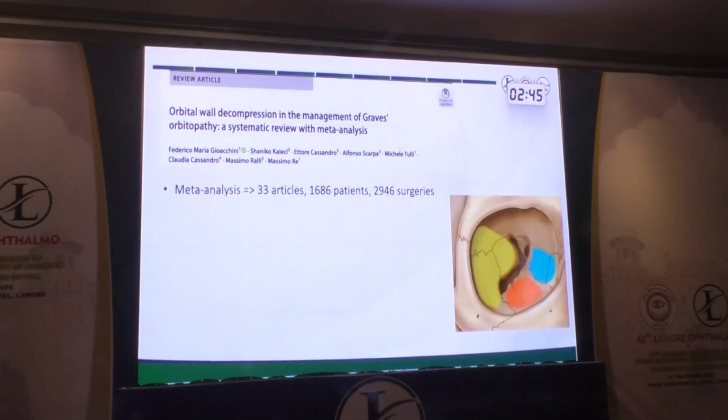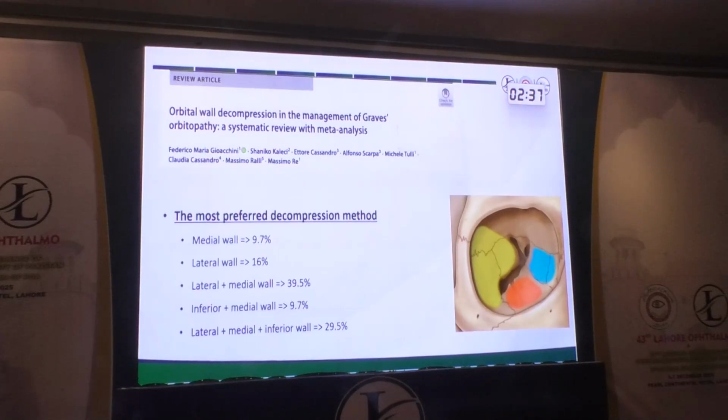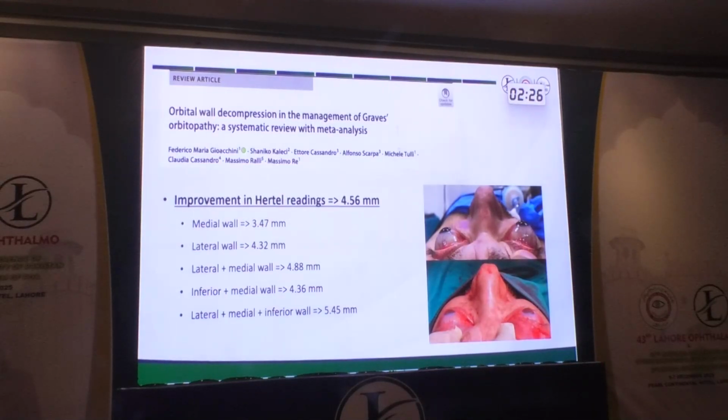There's a very large meta-analysis from Gioacchini from 2021, which says the most preferred method for decompression is, in general, balanced decompression, in 1/3 of the cases, and the second one being 3-wall decompression.